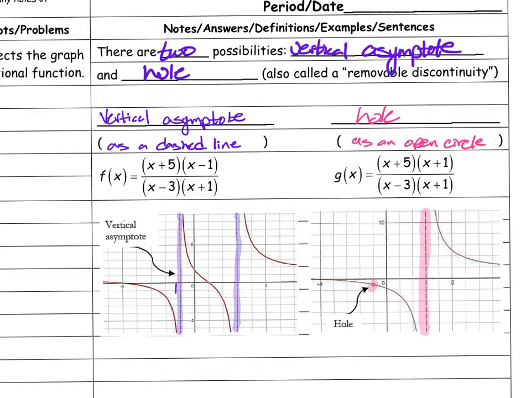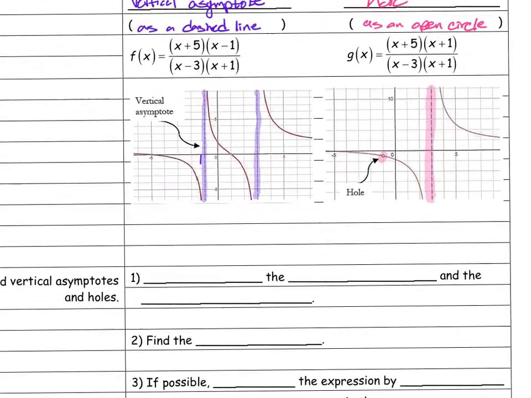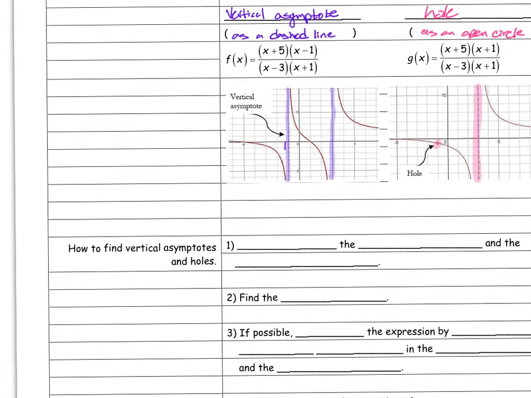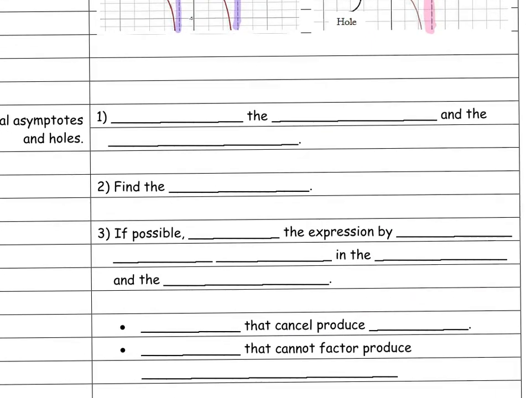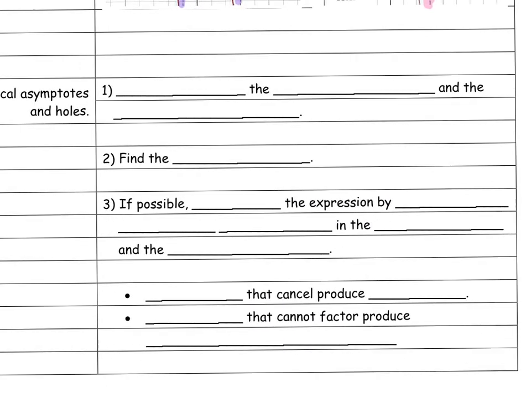So we're going to move on to how we find a vertical asymptote and a hole. Again, there are three steps that we're going to talk about.